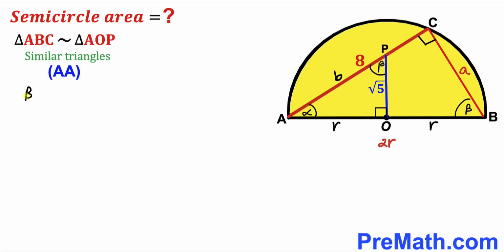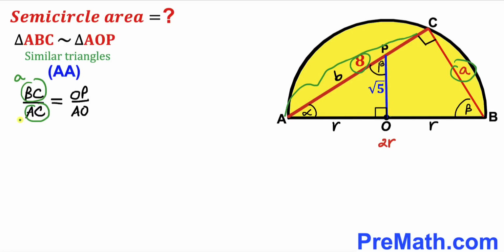In other words, the ratio of BC and AC is going to be equal to the ratio of OP divided by AO. And now we can see our BC length is lowercase a. So I'm going to replace this one by lowercase a, and our AC, this whole chord length, is 8.